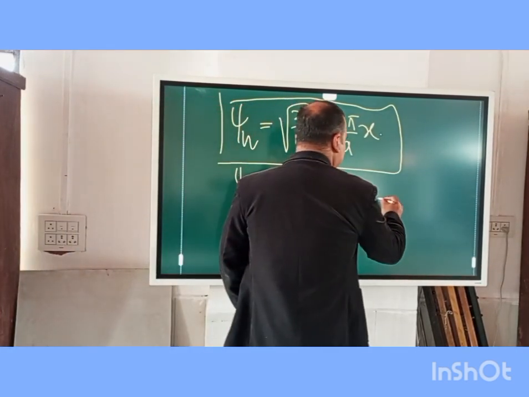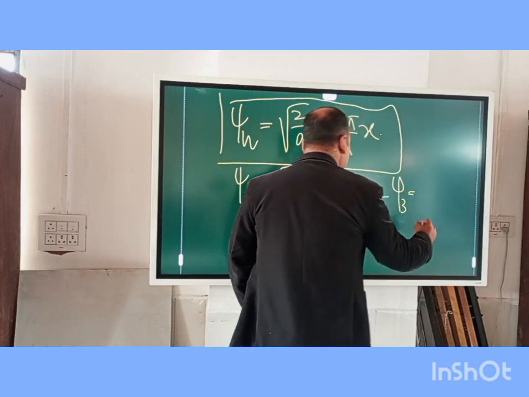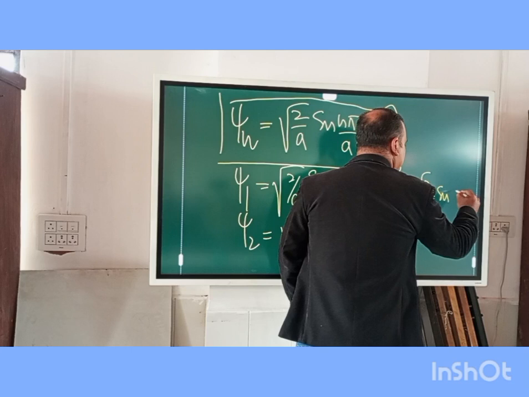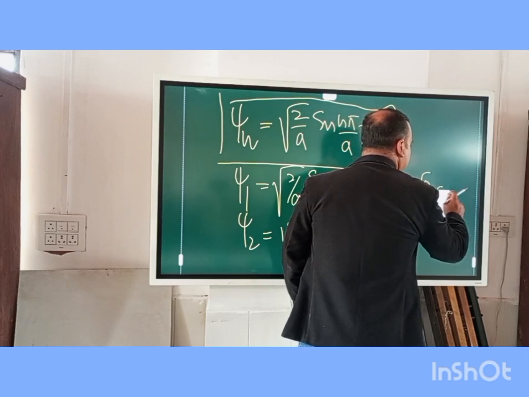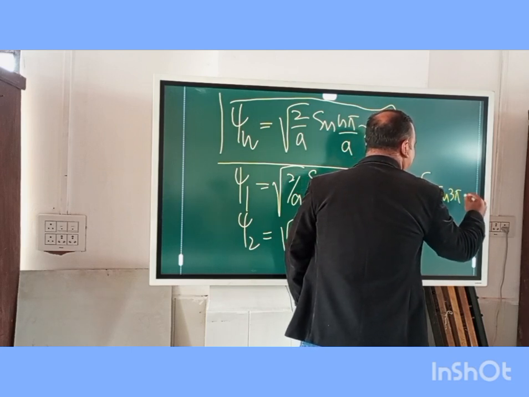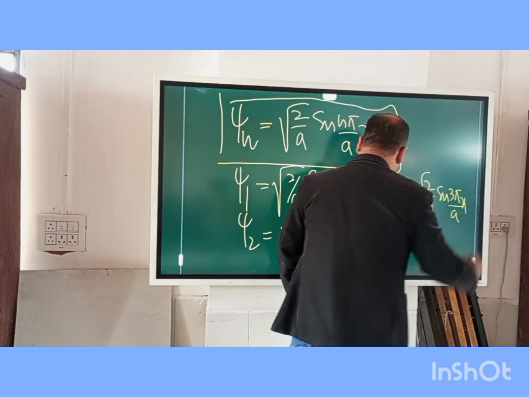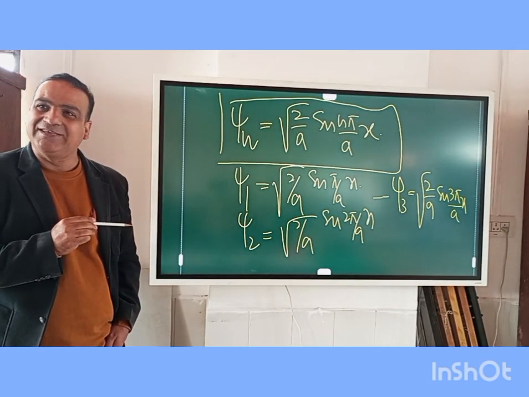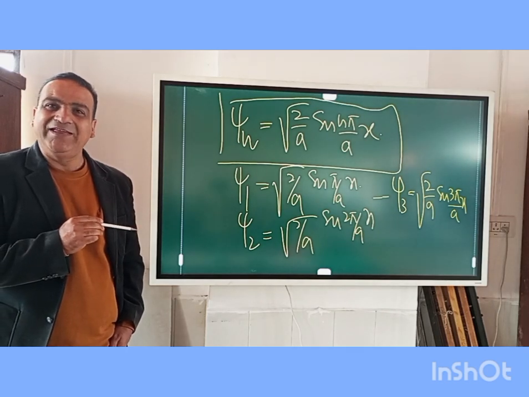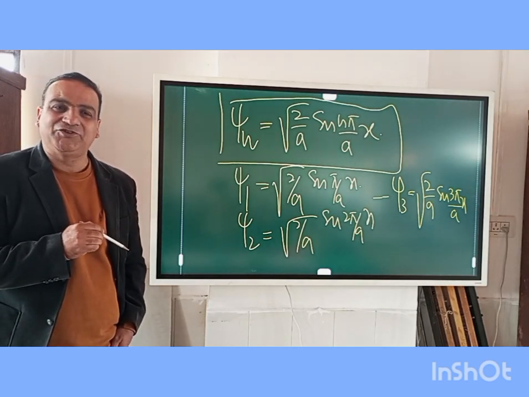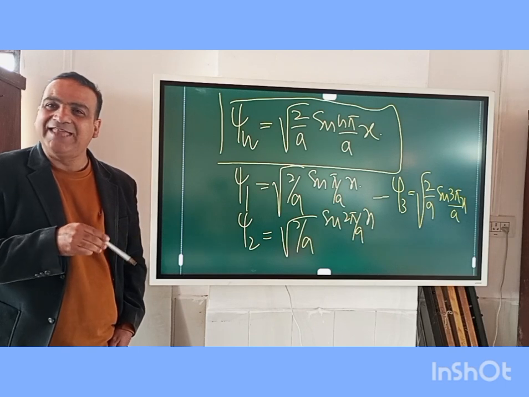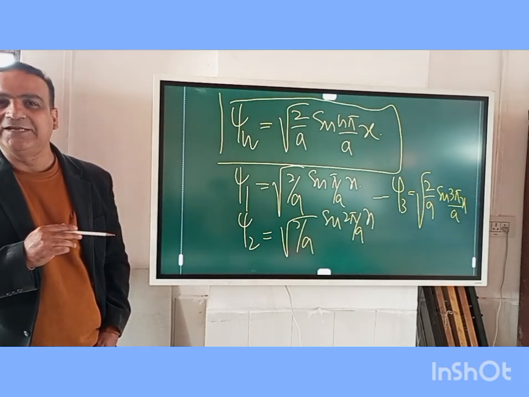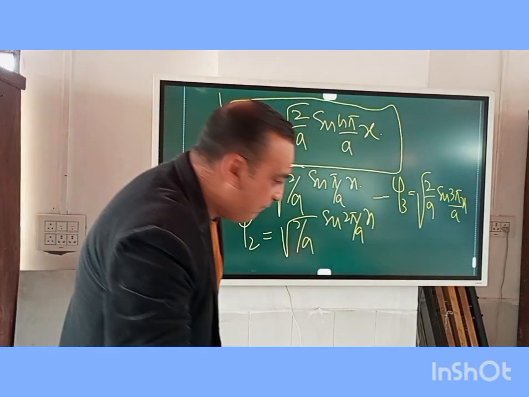I will get psi 3 equal to under root of 2 by a sine 3 pi by a x. You can explicitly see that you have two types of functions arising here: even function and odd function. The first function is even, the second is odd, the third is even, the fourth is odd. Isn't it?